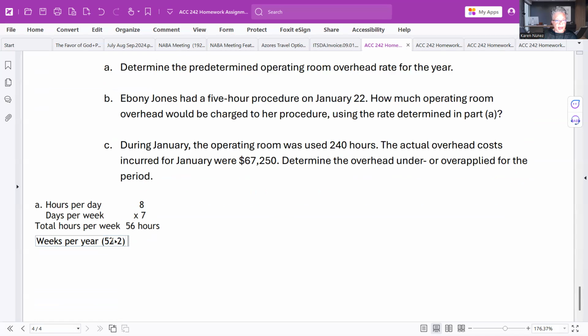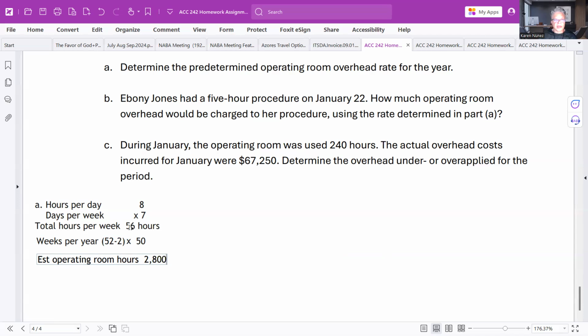So we're only going to have 50 weeks in a year, and we want to multiply by the 50 weeks. So the estimated operating room hours is going to be 2,800. That's what all this works out to.